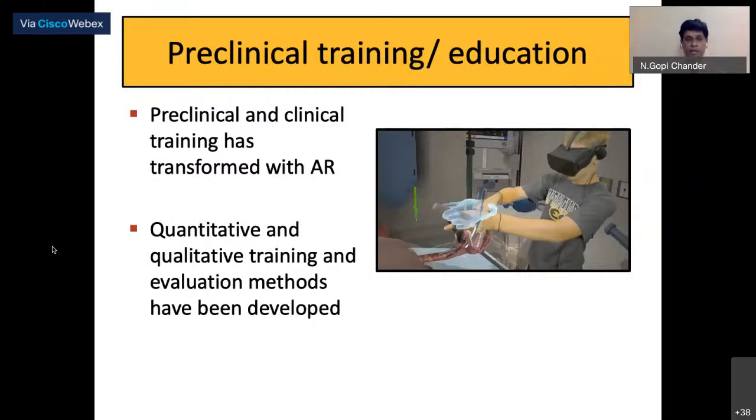Both quantitative and qualitative training can be obtained with virtual reality models. That's the major advantage of augmented reality. Whereas the conventional systems can only give you a quantitative measurement, here it can give you a qualitative evaluation system that can help in improving your skills.